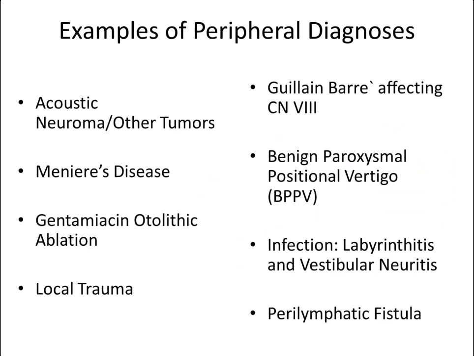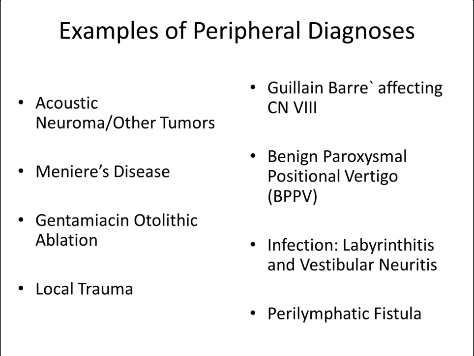Examples of peripheral diagnoses that you might see include acoustic neuroma or other tumors that affect the cranial nerve root entry. Meniere's disease, we'll talk about Meniere's later on in the PowerPoint. One of the treatments for Meniere's disease is going to be a gentamicin ablation. Again, we'll talk about that later.